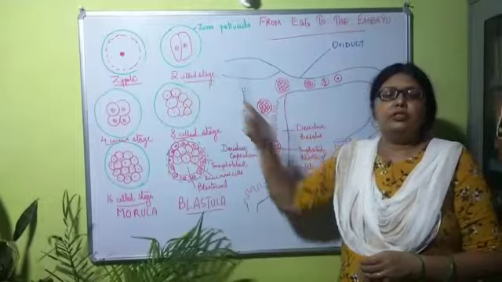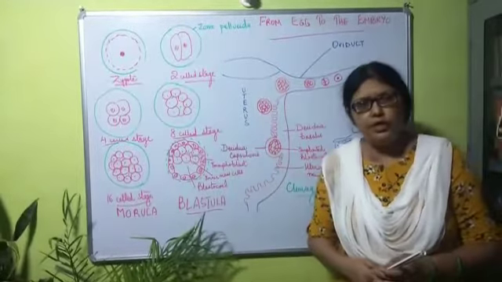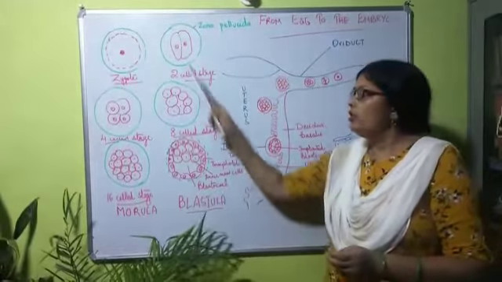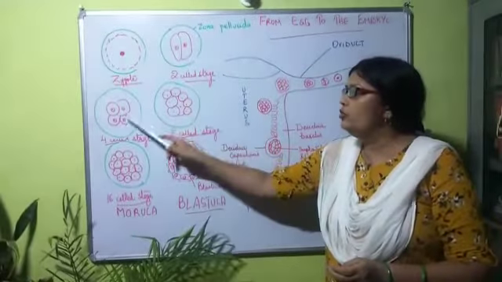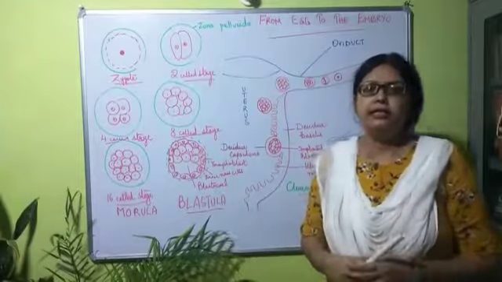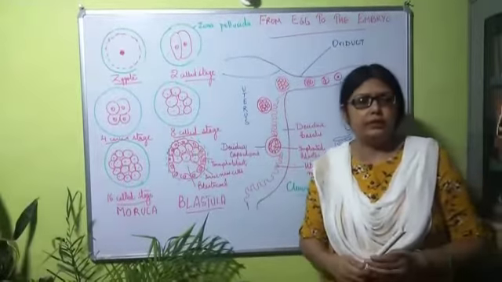All the divisions that take place immediately after zygote formation are mitotic divisions, and all the resultant cells by these divisions, you can see 2, 4, 8, 16 cells, are known as blastomeres.